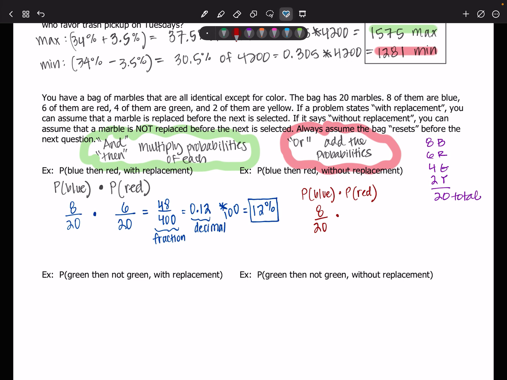And then the red marbles, there would be 6 of them, but it's no longer out of 20 because remember I just took a blue one out. So that would be out of 19. And I multiply straight across, and my fraction is 48 over 380. When I actually perform that division, I get approximately 0.126. And when I multiply that by 100, I get 12.6%.